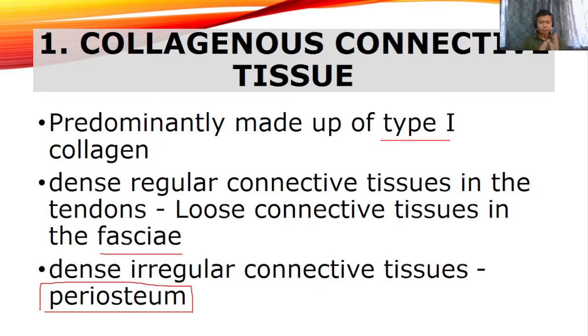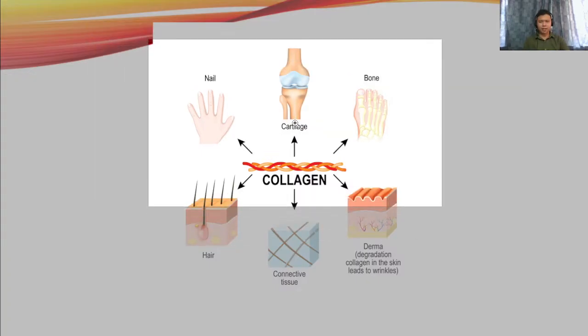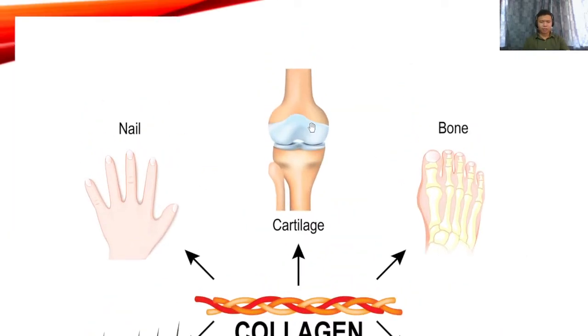Moving forward, collagenous connective tissue can be seen in the following areas, just like this one, the cartilage. Remember, as you eat the drumstick, there is some crunchy portion, but it's usually tasteless. That's what we call cartilage.